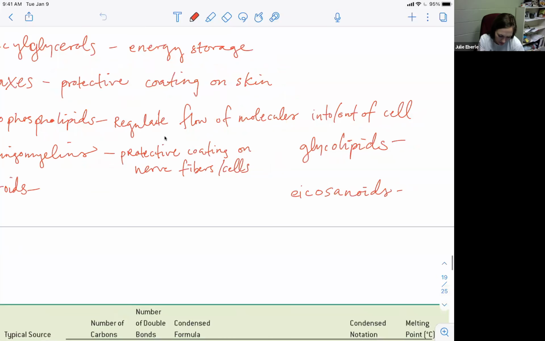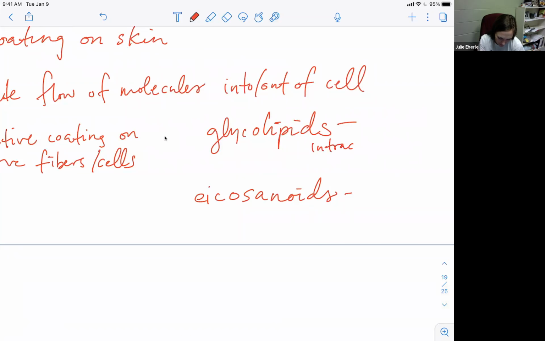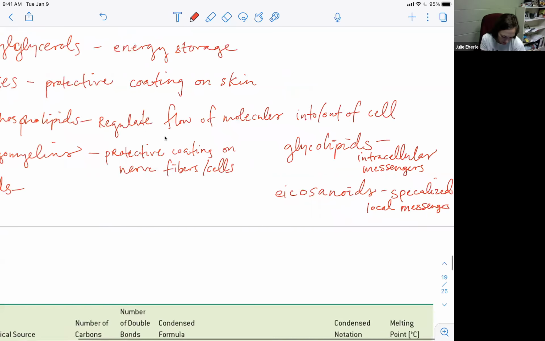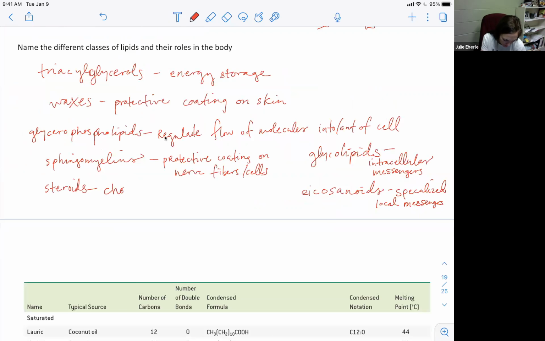So glycolipids are intracellular messengers. These are specialized messengers. Steroids, we said cholesterol. And what was the big deal about cholesterol? What does cholesterol do for us?